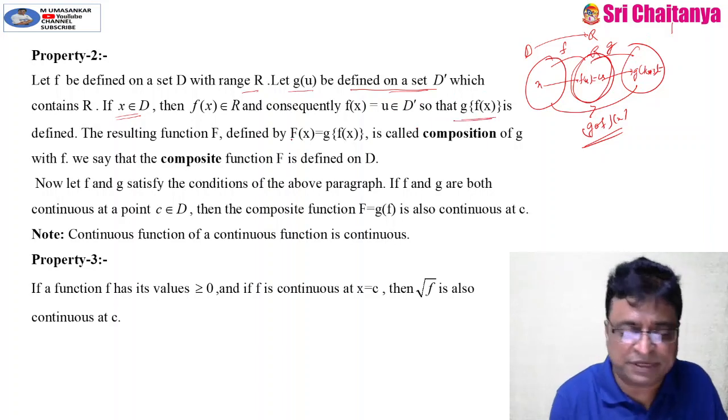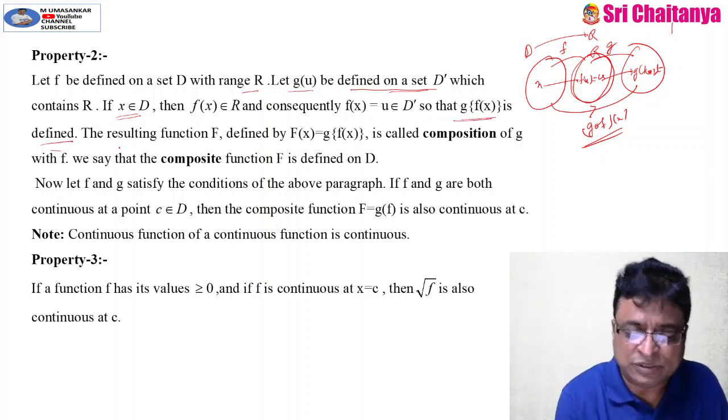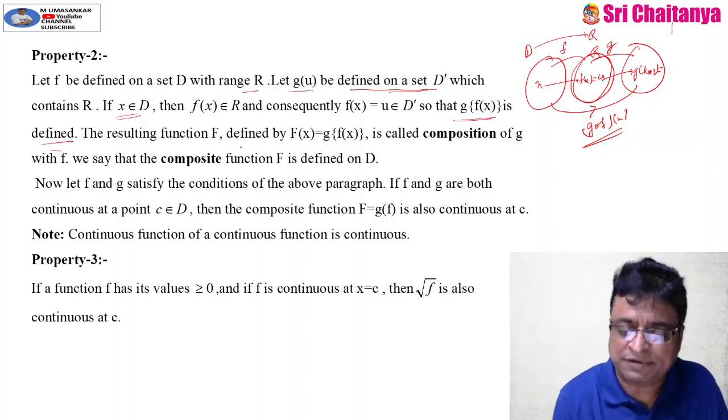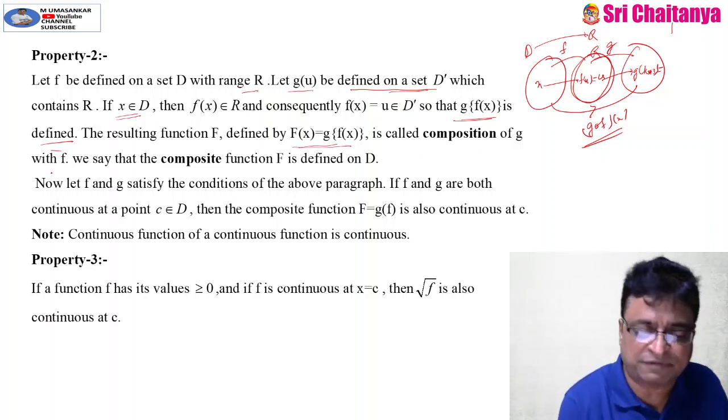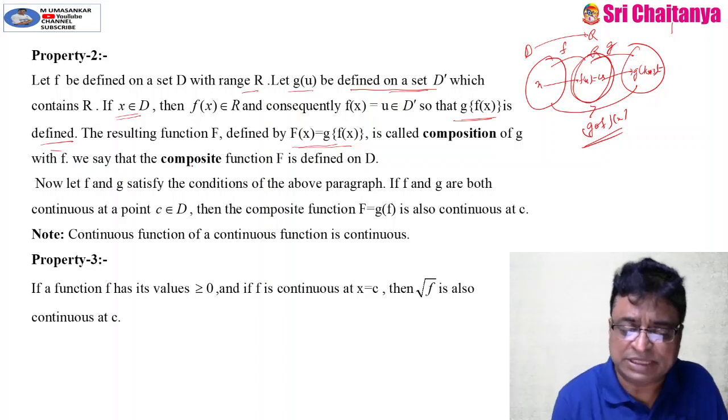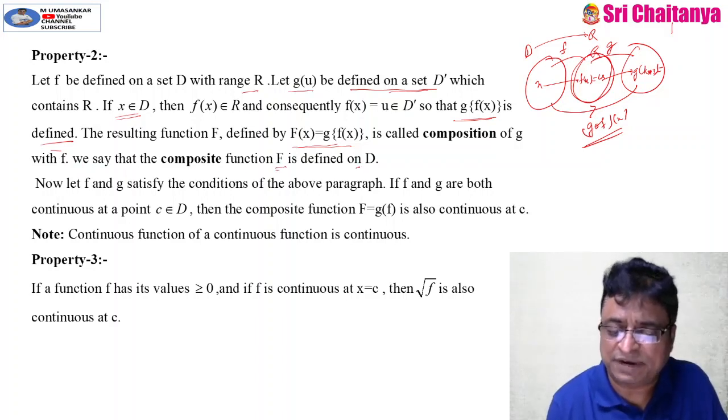So g of f of x is defined. So the resulting function F defined as F of x is equal to g of f of x. It is called the composite of g and f, and we can say that the composite F is defined on D.